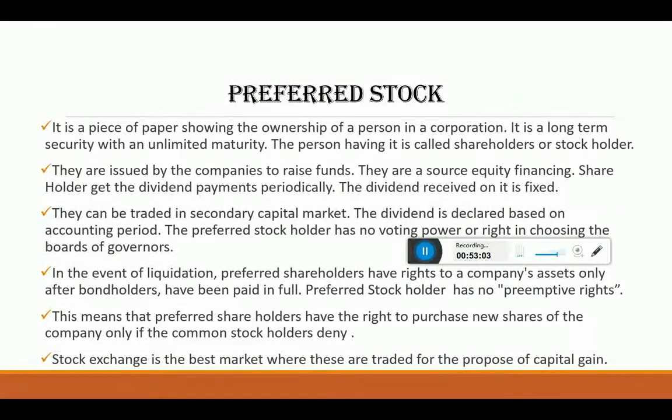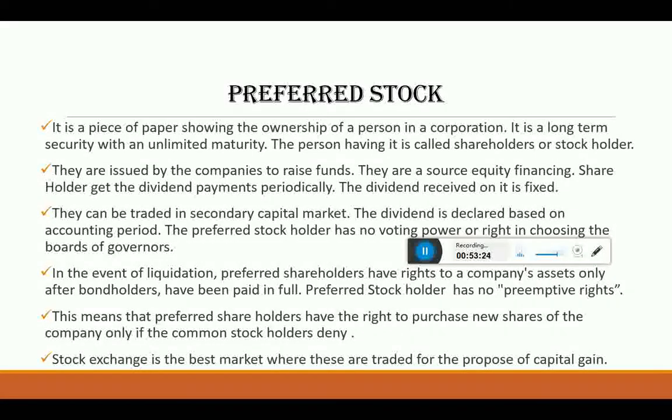The characteristic of the bond is that it has a fixed income, just like the bond. And the characteristic of the stock is that it shows the investment or the ownership in a company. Bond does not show the ownership, but they do show the ownership, right?